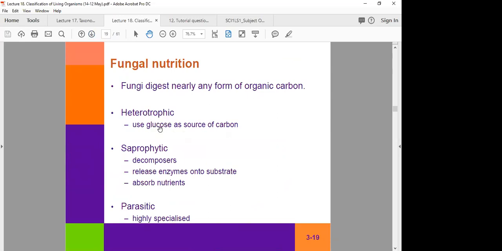They all seem to have a preference for glucose as their source of carbon, but they can basically use anything. They are all saprophytes, which means that they tend to feed on dead and decomposing material. As I said, they are important decomposers. They release those enzymes onto the substrate in their immediate environment, break it down, and then absorb those nutrients. Some fungi are highly specialised as parasites.